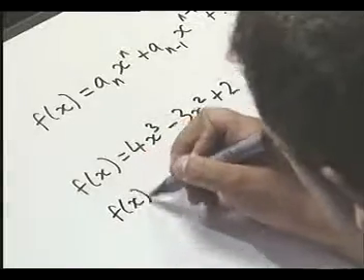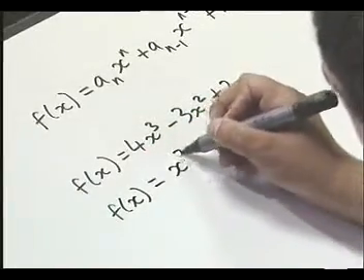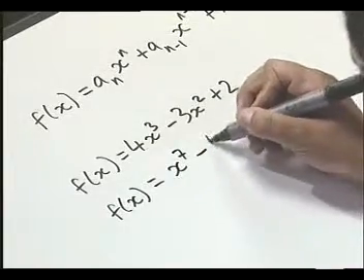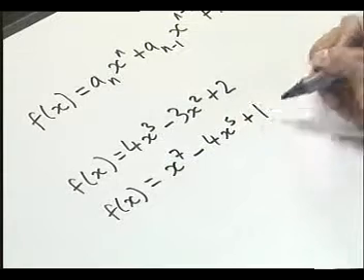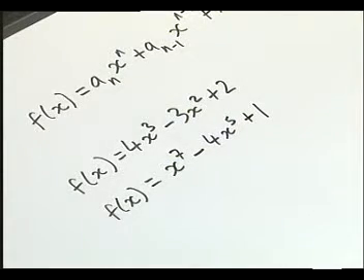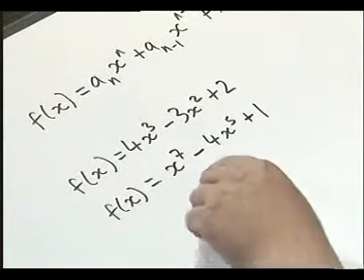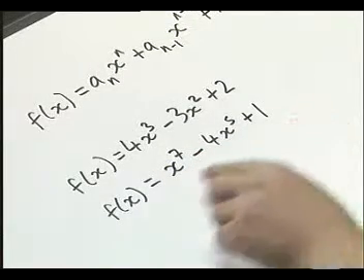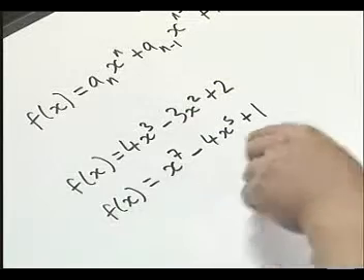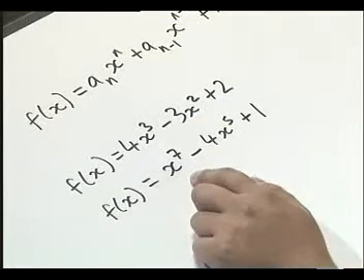Let's suppose we had f of x equals x to the power 7 minus 4x to the power 5 plus 1. This is a polynomial of degree 7, since the highest power of x is 7. An important thing to notice here is that you don't need every single power of x all the way up to 7.